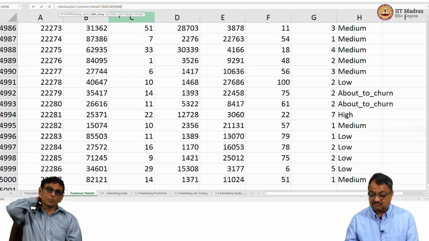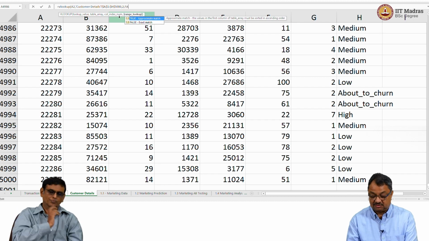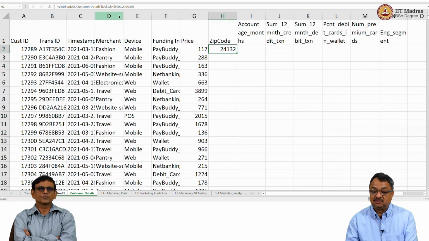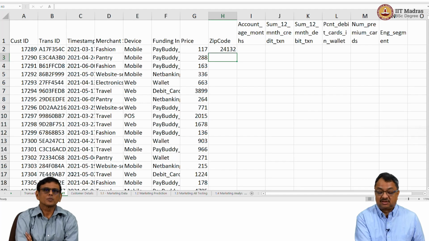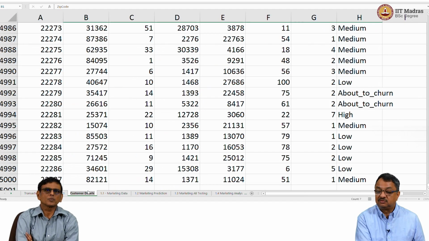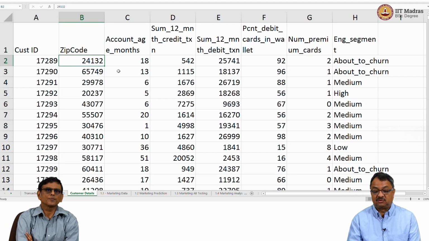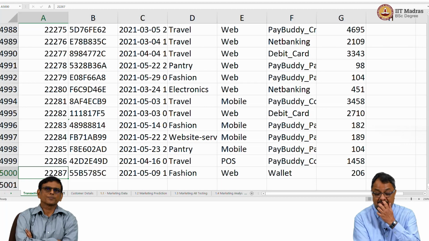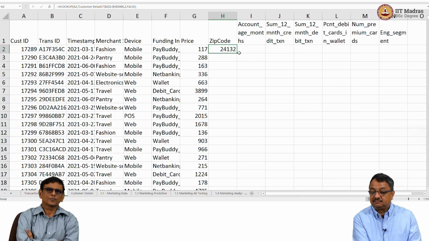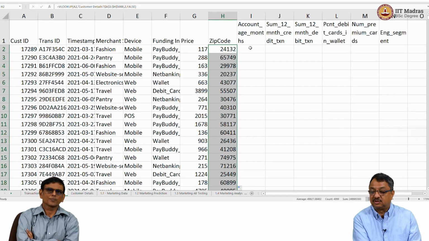Zip code is column 2. False. Did I get it right? 24132. Yeah, 24132. That is correct. Okay, this worked.